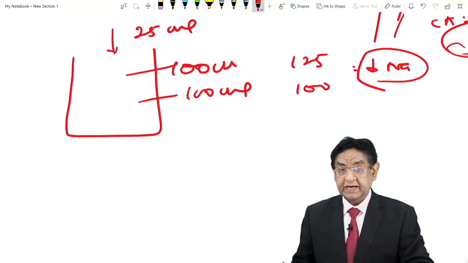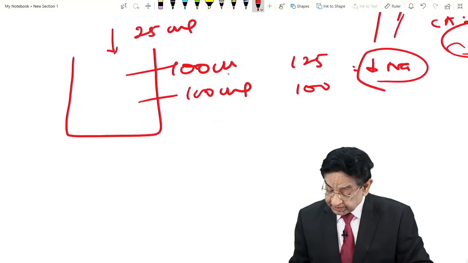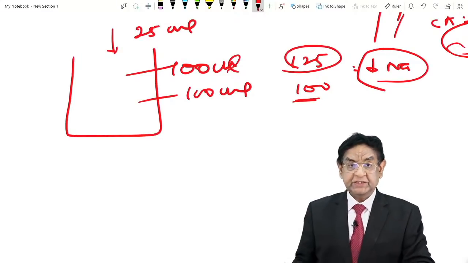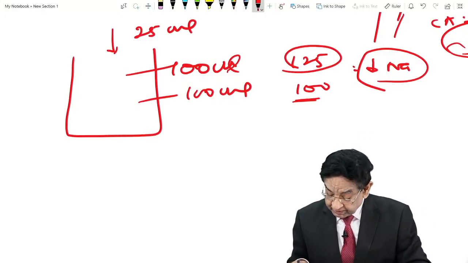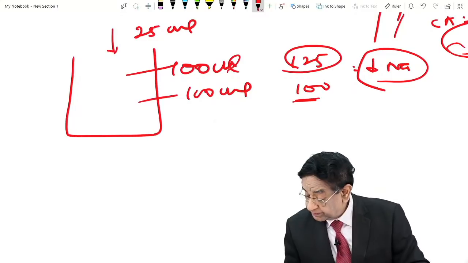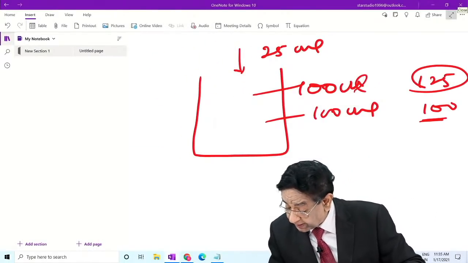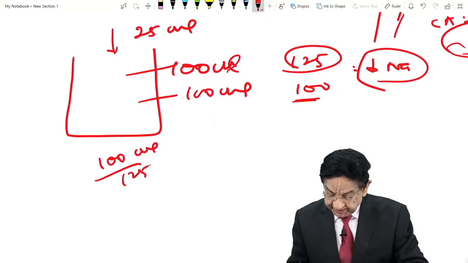Understood. Okay, 100 ml of water. The water becomes 125 ml. Salt is still the same, so the sodium concentration will go down. How much? 100 milligram of salt and 125 ml of water.